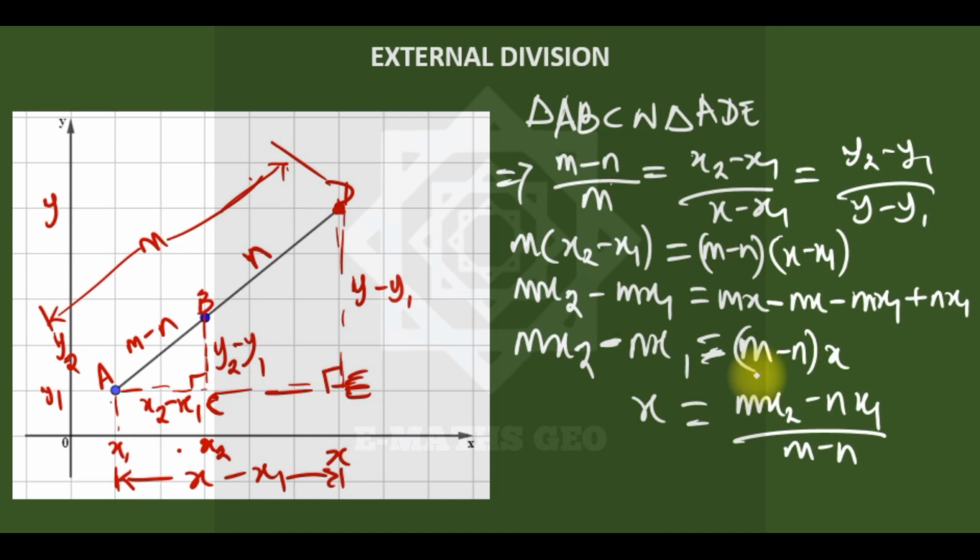So let's finish off with the y value. We also compare this and this, which is the same as M times y2 minus y1 is equal to M minus N times y minus y1.